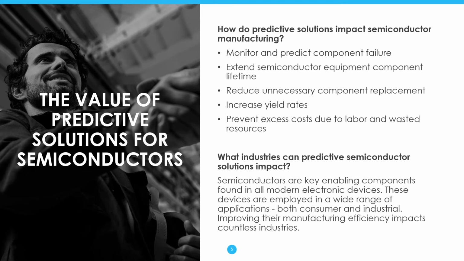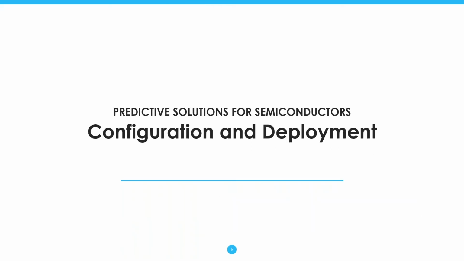We have one specific case study that will highlight this use case a bit later in this webinar. Another area is to find early symptoms of failure and reduce unplanned downtime. In addition, solutions related to virtual metrology and chamber matching can be used to improve yield rates and reduce costly metrology measurements. Now let's dig deeper into the various use cases.